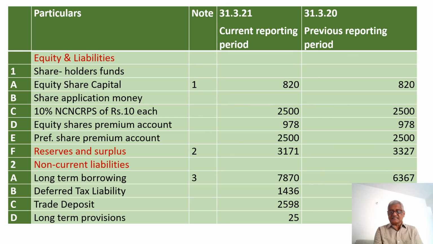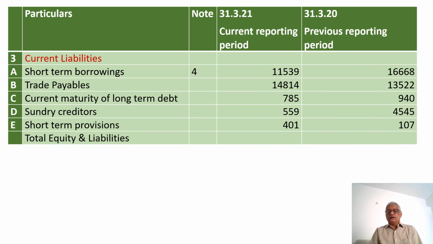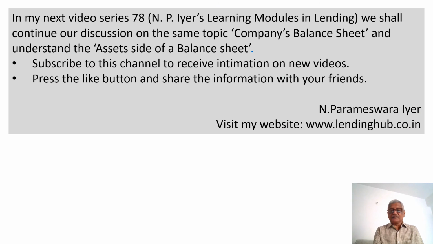It could be deferred tax liability, long-term borrowing, trade deposit, long-term provisions. And today we have understood short-term borrowings, trade payables. We have also understood short-term provisions, other creditors, etc. So with this, we have completed the equity and liabilities part of a balance sheet.